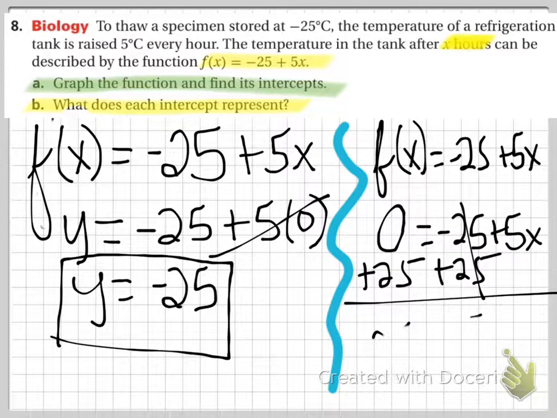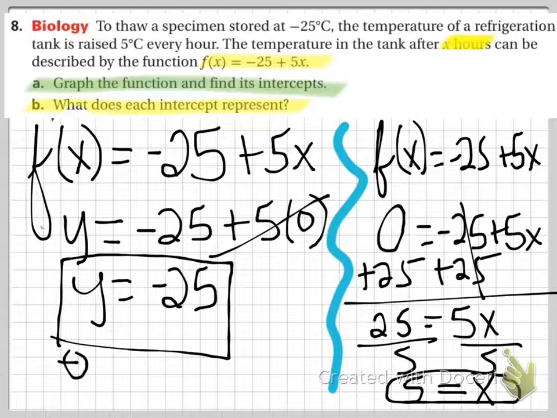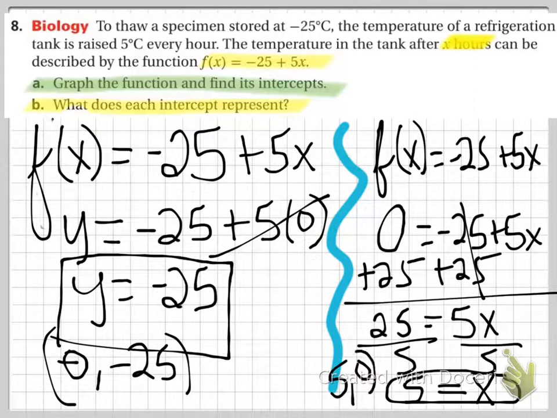I'm going to divide by 5 on both sides, and I get 5 equals x. So that means it's going to cross the x-axis at 5. It's going to cross the y-axis at negative 25. So I'm going to write that as 0, negative 25. And over here, that's going to be 5, 0.